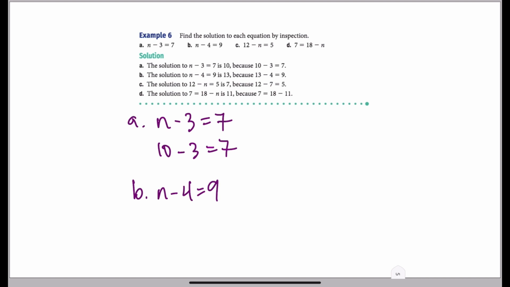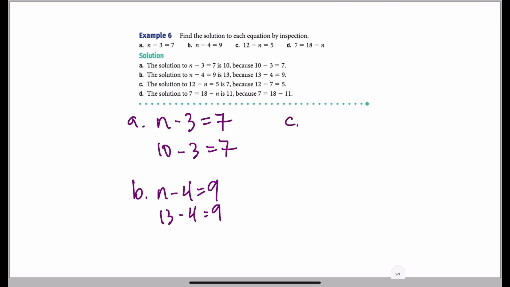Some number, when you take away 4, still gives you 9. So that means it has to be bigger than 9. Really it's 4 more than 9, is a way to think about it. So that number has to be 13, because 13 minus 4 leaves 9.